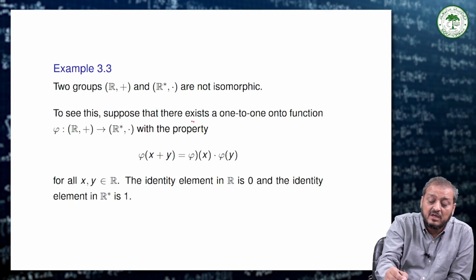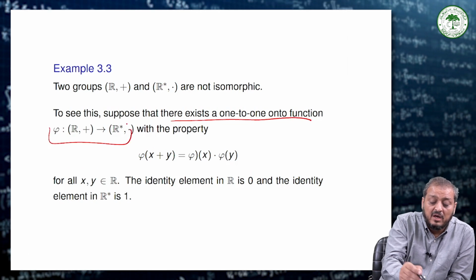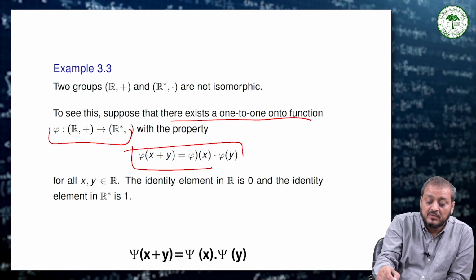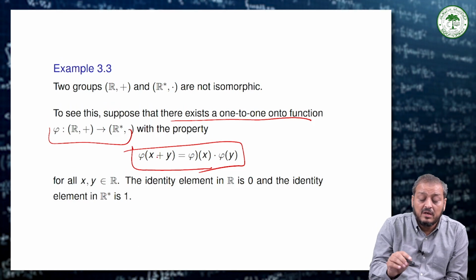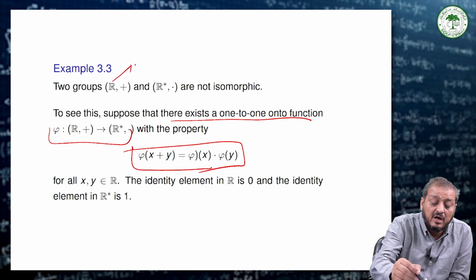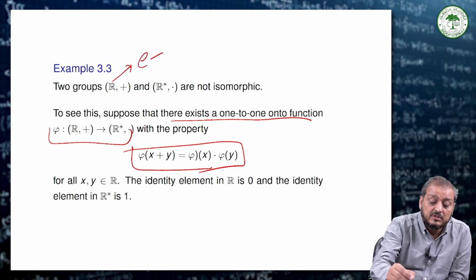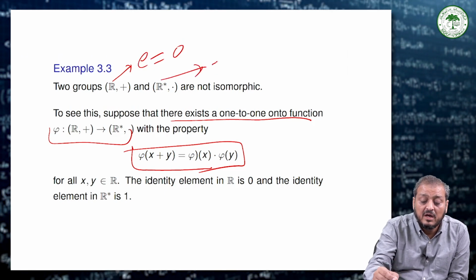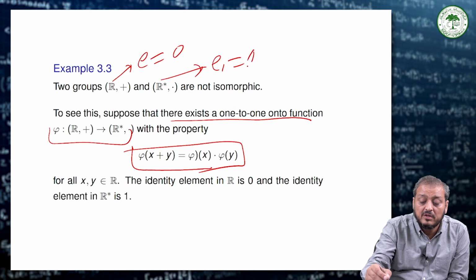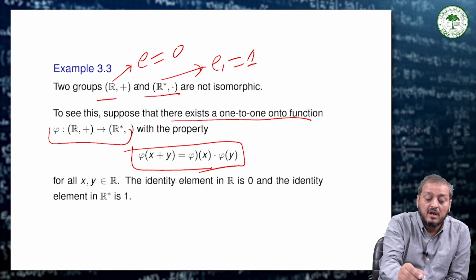Suppose there exists a one-one and onto function from R to R star, with the homomorphism condition. One thing is very clear: R is a group under addition, so the identity element of this is 0, and for the other group, the identity is clearly 1, because this group is under multiplication.